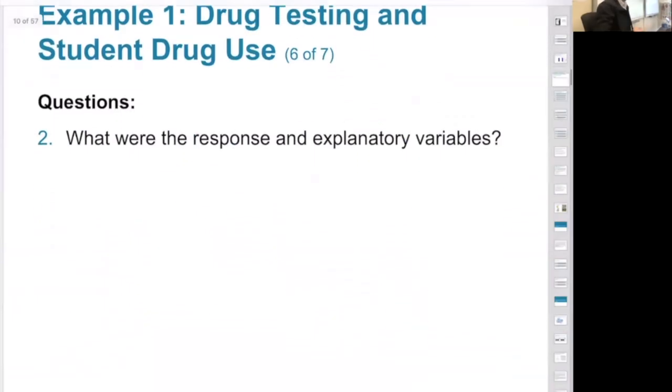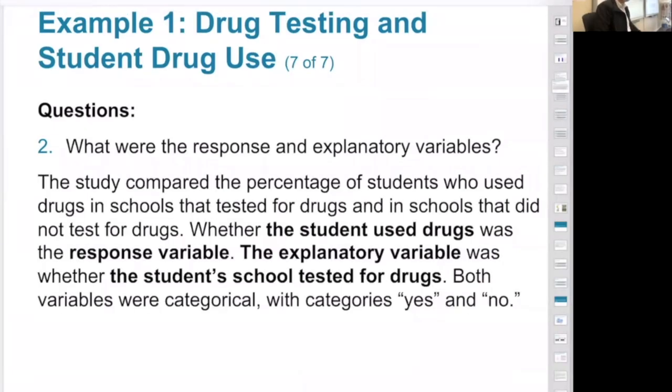Another question. What are the response and explanatory variables in this study? So the use of drugs is a response variable. And the explanatory variable is what? The drug test. As you can see here, the study compared the percentage of students who used drugs in schools that tested for drugs and in schools that didn't.